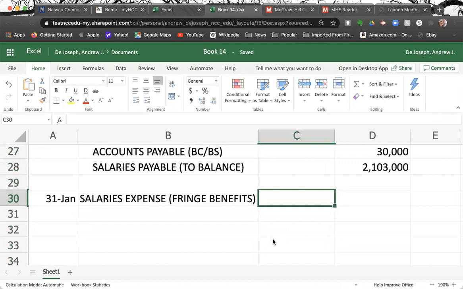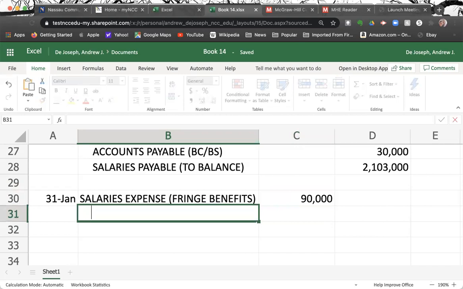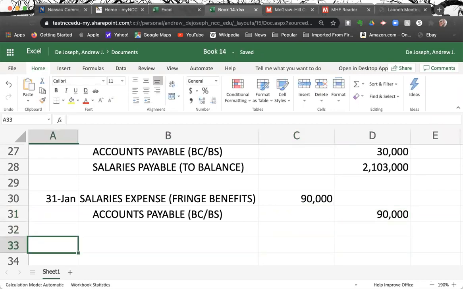According to what the problem said, the employer is paying $90,000 for the health insurance. Remember the illustration in the textbook, there was health insurance and also retirement plan contributions. You would do the same thing. You would debit salaries expense for the total of the health insurance and the retirement plan contributions, and 2 credits to accounts payable, one for the health insurance, one for the retirement plan, 2 separate liabilities.